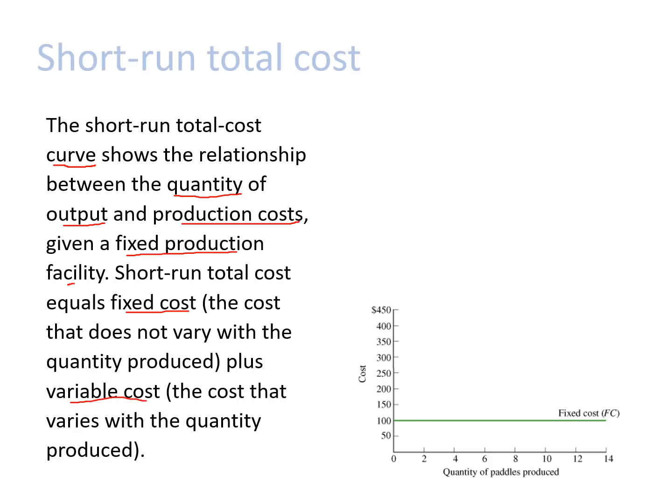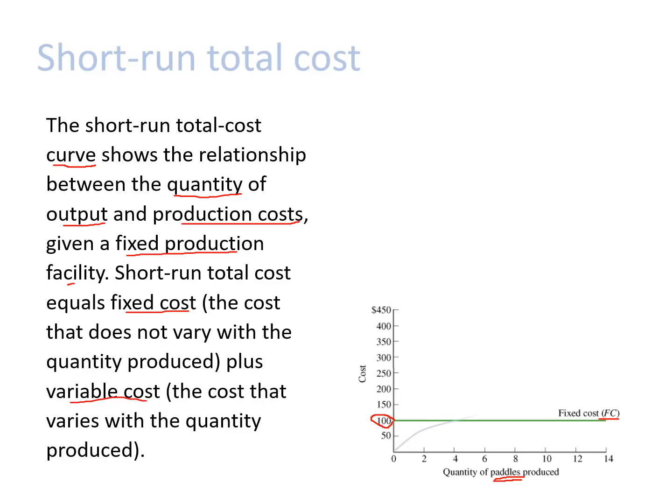If we look at this on a graph, the fixed costs constitute a straight horizontal line, because these costs remain constant no matter how many units of product are produced. So in this factory, they're producing paddles, and the rent of the facility will not change no matter how many paddles they produce. So they will have fixed costs that do not change no matter how many paddles are produced.